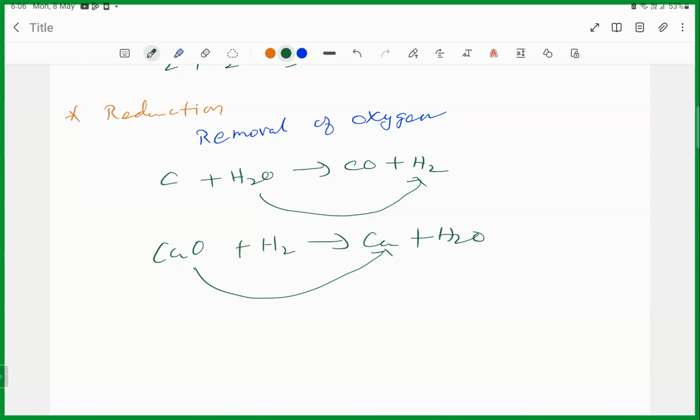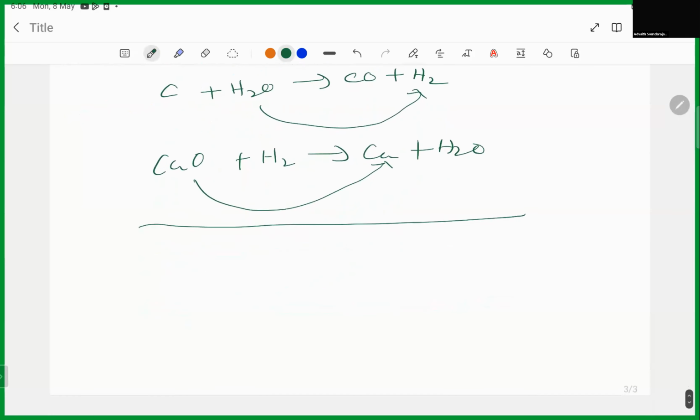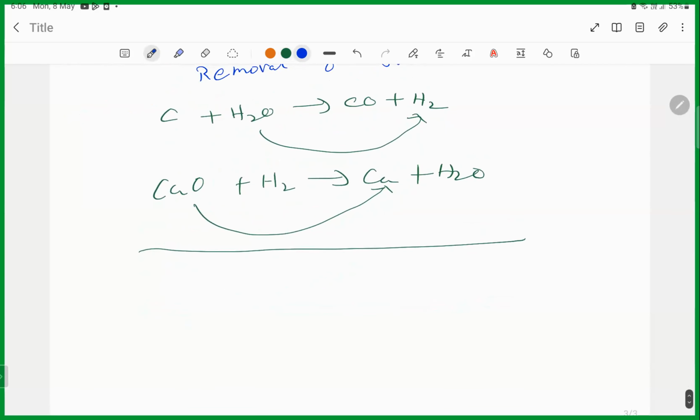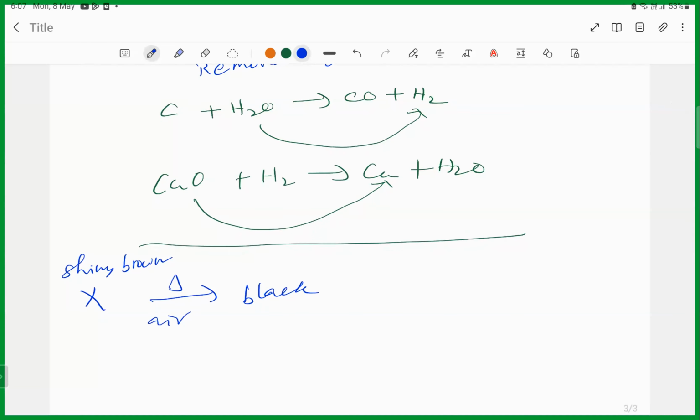Am I right? Next question. A shiny brown colored element X on heating in air becomes black in color. Name the element X and the black colored compound formed.